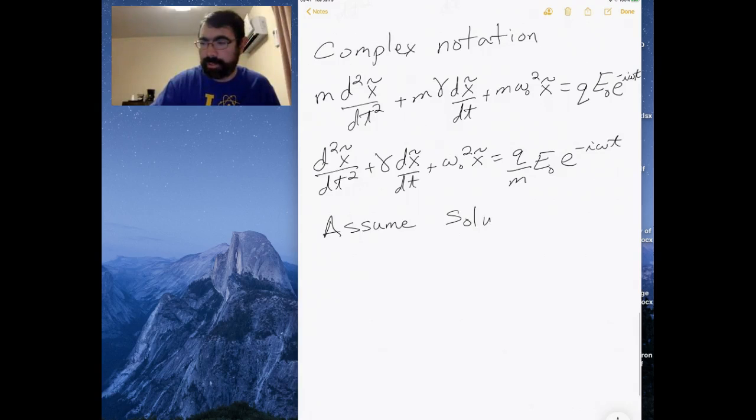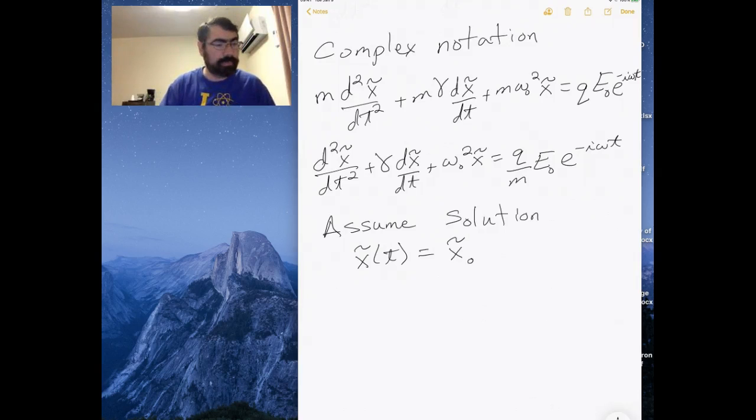a solution, a time-dependent solution, where x has some amplitude x tilde, e to the minus i omega t.